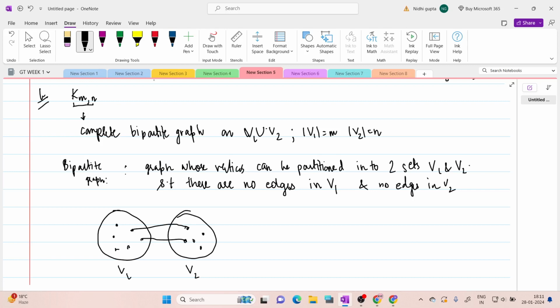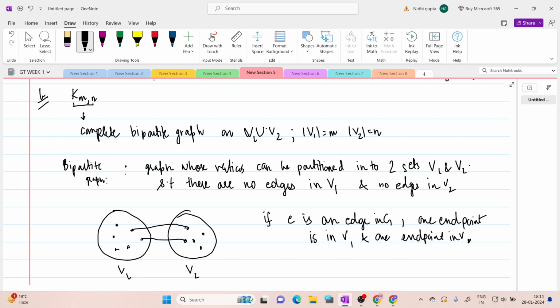That is, if e is an edge in G, one endpoint is in V1 and one endpoint is in V2. So this is a bipartite graph.